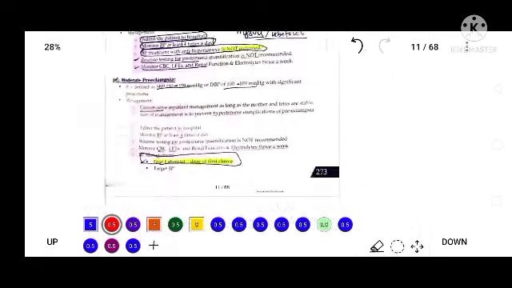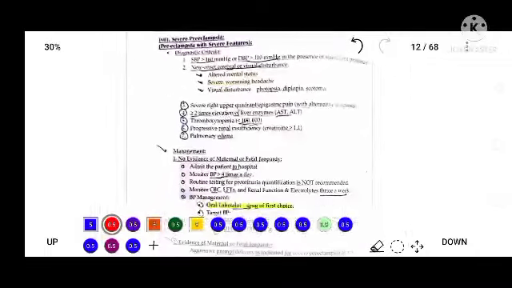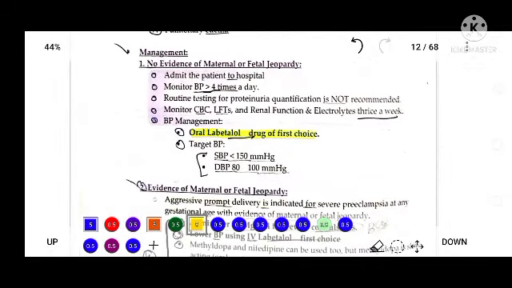So this is preeclampsia, and there are degrees of preeclampsia: severe, minor, and major types. The management of this condition will be to admit the patient, monitor blood pressure 4 times a day, routinely test for proteinuria, monitor CBC, LFT, and renal function, and maintain blood pressure with oral labetalol because this is the only drug safe during pregnancy.